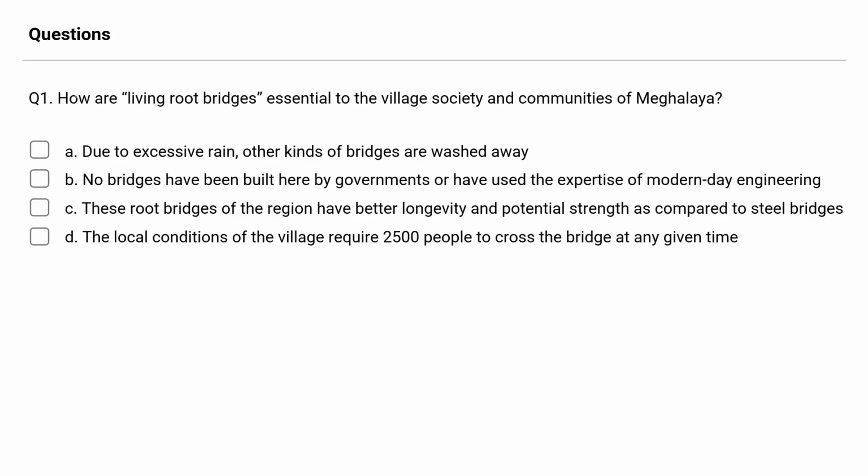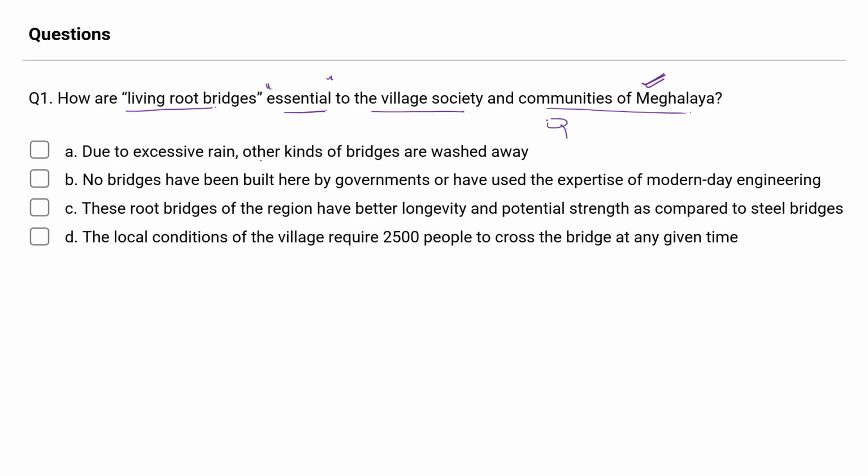So the question is, how are living root bridges essential to the village society and communities of Meghalaya? As one of the learners rightly mentioned, these are basically in Meghalaya. The options are: due to excessive rain, the other kind of bridges are washed away.